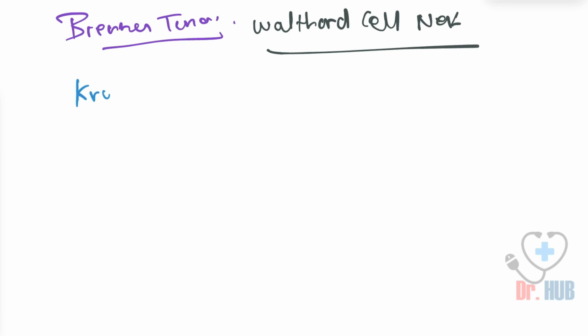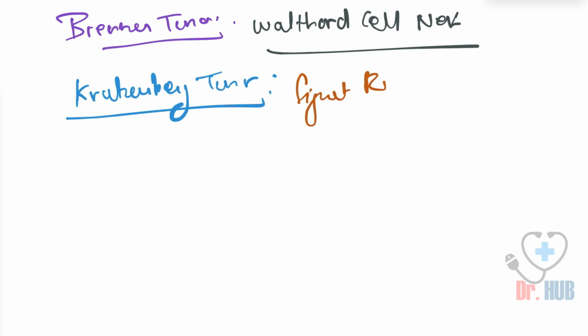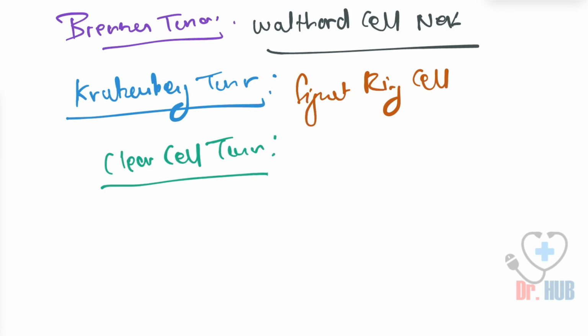Looking at the Krukenberg tumor, here it includes the signet ring cell. Next, we are looking at the clear cell tumor. What is this clear cell tumor? For the clear cell tumor, the pathognomonic finding is the hobnail cell.